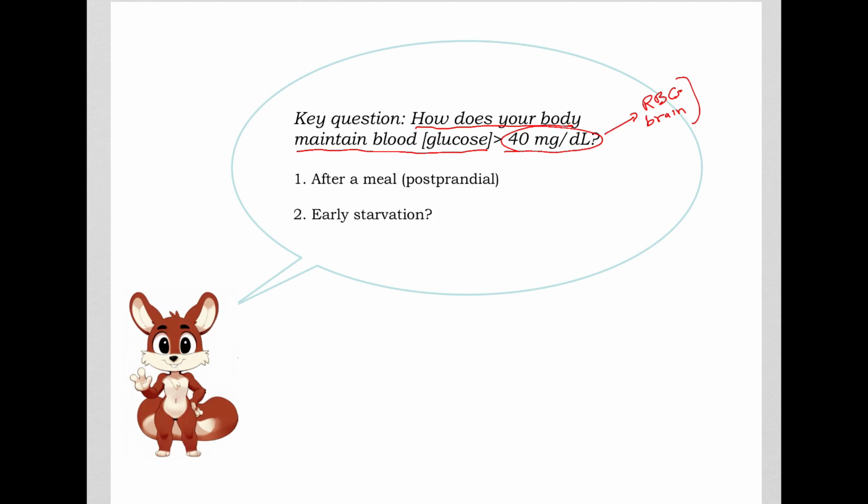So after a meal or early starvation or late starvation or exercising, whatever state a human will be in, this is always a key question to keep at the back of your mind. How does the body maintain blood glucose greater than 40 milligrams per deciliter?